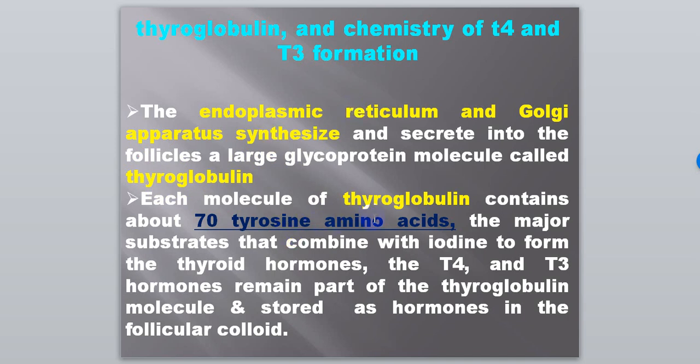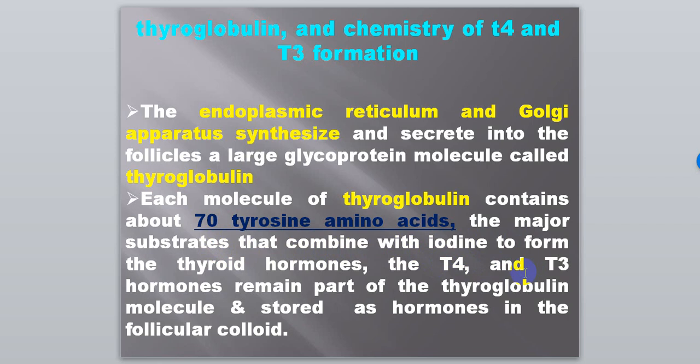Each molecule of thyroglobulin contains about 70 tyrosine amino acids. It's a glycoprotein, and part of its structure is protein. This protein is composed of tyrosine amino acids, the major substances that combine with iodine in the form of iodide to form T4 and T3.